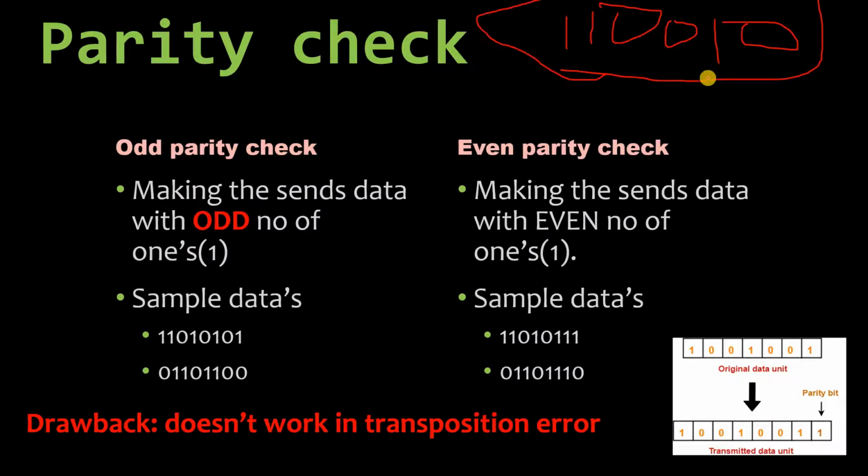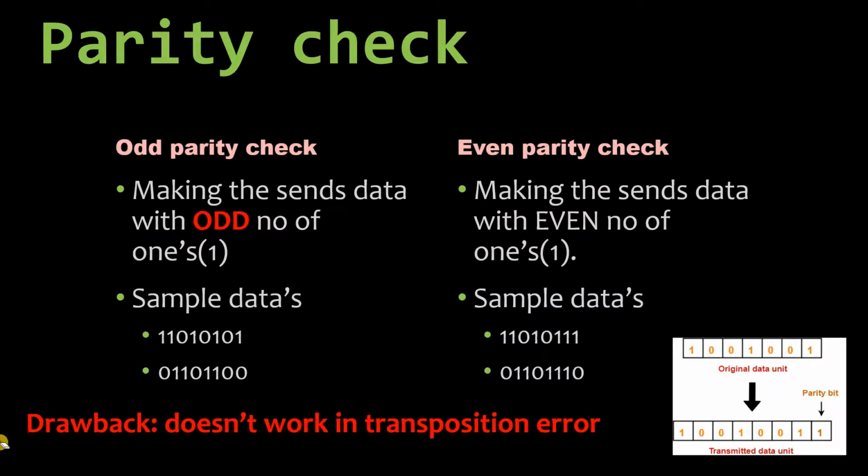This is the actual data, and this system is going to use an even number of ones. So what extra bit is going to be added? Since I am not writing it neatly, I'll write one more time.